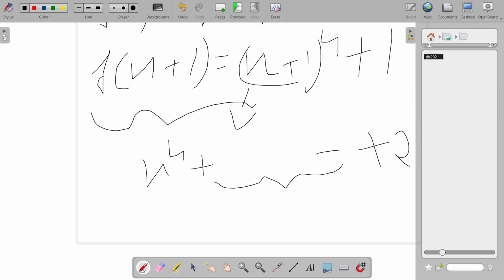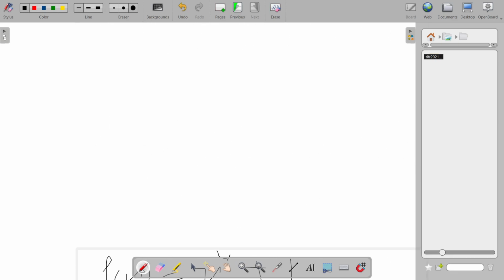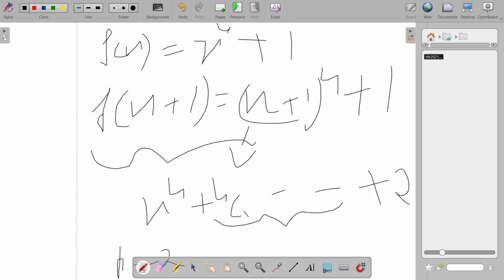Now we can take the prime p equals 2, and we see that it divides everything except the coefficient of the highest power, because it's monic. The coefficients 4C1, 4C2 and so on are all divisible by 2, and 2 squared, 4, won't divide 2. So by Eisenstein's criterion, we can simply say that this is irreducible.